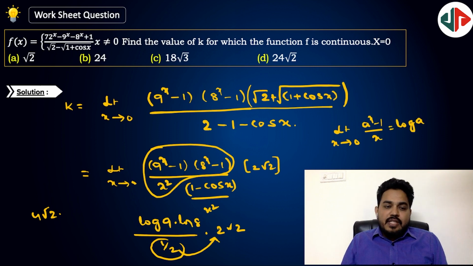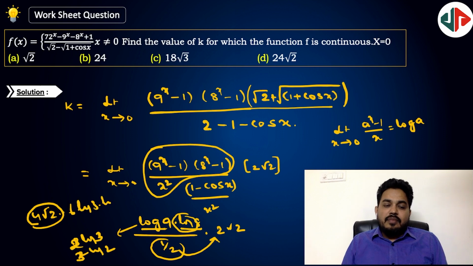So this is 4 root 2 into log 9 log 8. So this can be written as 3 log, sorry, 2 log 3 and this is 3 log 2. So into 6 log 3 log 2. Okay. So 24 root 2 into this one.